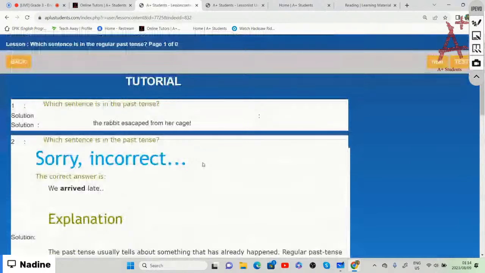The rabbit escaped from her cage. Which means that this is in the past tense because the word escaped gives us an indication that it has happened already, right? And it also has an ed, right?